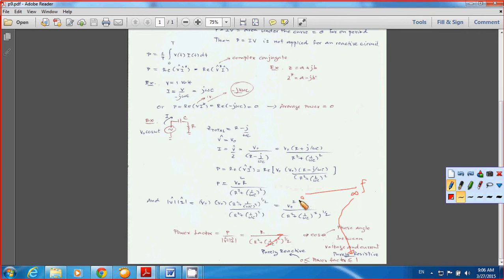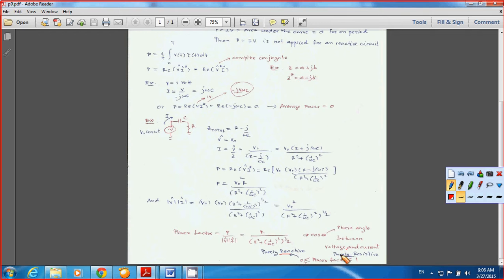And for a very low frequency, or even a DC circuit, your frequency becomes 0. When f becomes 0, this term is very large, because you divide by something close to 0, and you divide something by a very large number, that gives you 0. So this is the purely reactive case.